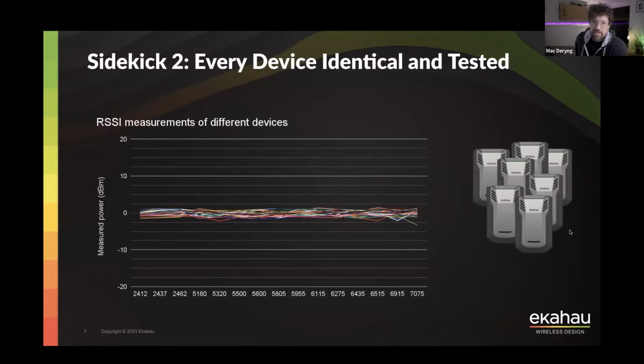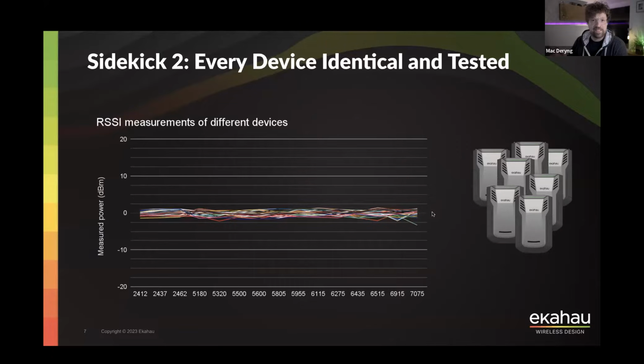Yes, so what you see here is multiple Sidekicks being tested before they're released to our valued clients. And there is just one green line towards the end of the graph that is a little bit off. If we have a Sidekick like that, we will not ship it to our clients. So you can rest assured that every single Sidekick device will be almost identical.